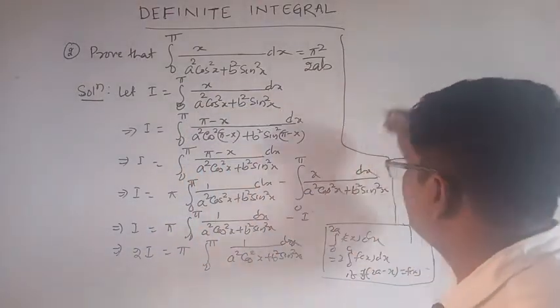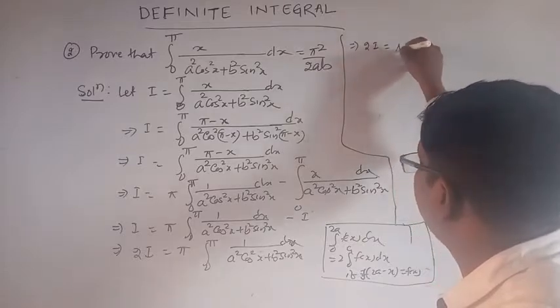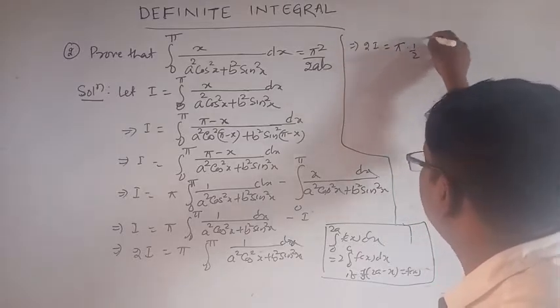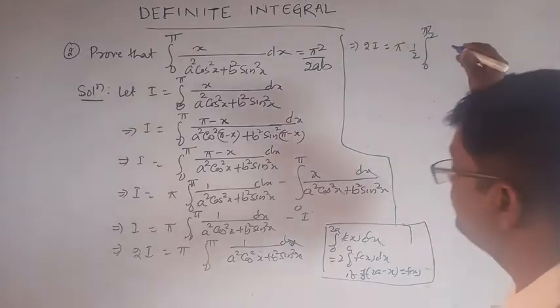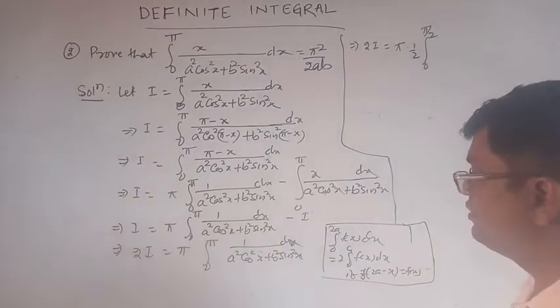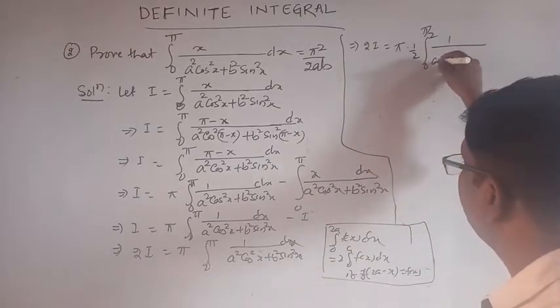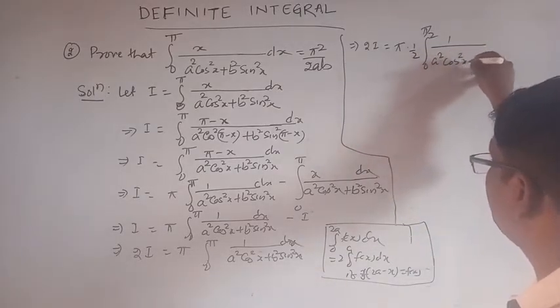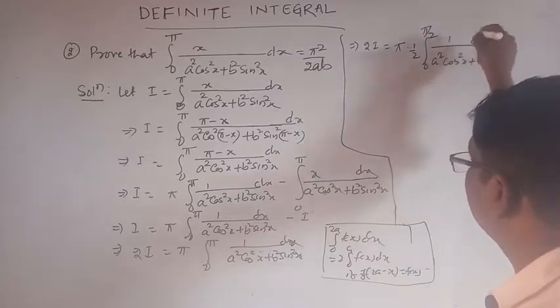So 2I is equal to pi into 2 times the integral from 0 to pi by 2 of 1 by (a square cos square x plus b square sin square x) dx.